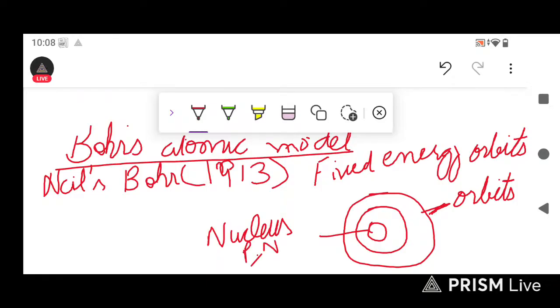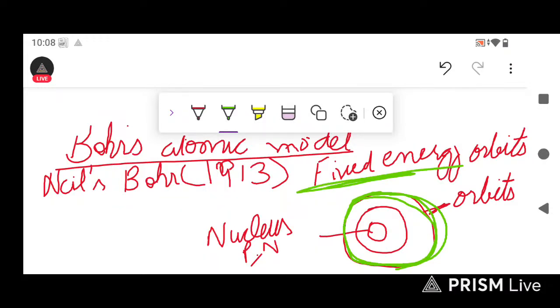Now let us move towards what Bohr's atomic model says. Electrons revolve in paths called orbits. These are specific paths where electrons revolve continuously, because he talked about fixed energy orbits.